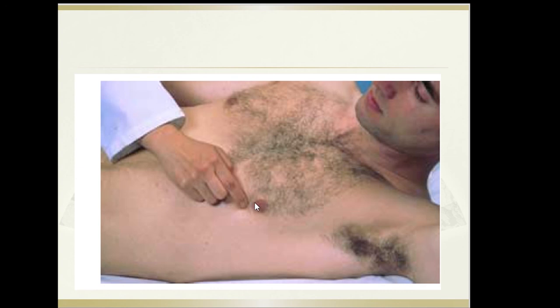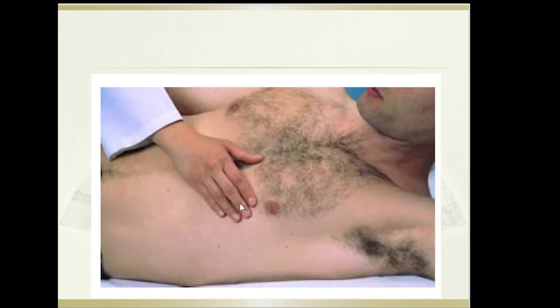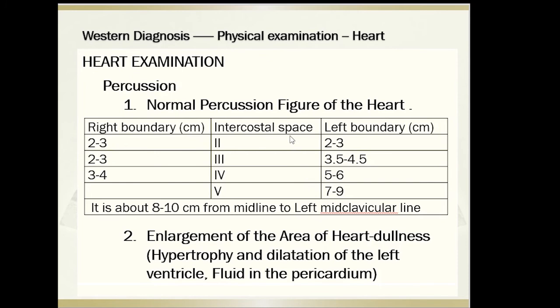So the apex will be inferior, about 0.5 to 1 centimeter below one intercostal space. So that's the location there. And then we can palpate it. Put the hand over that area and feel whether it is jumping stronger or not. So inspection and palpation for the heart are pretty simple.